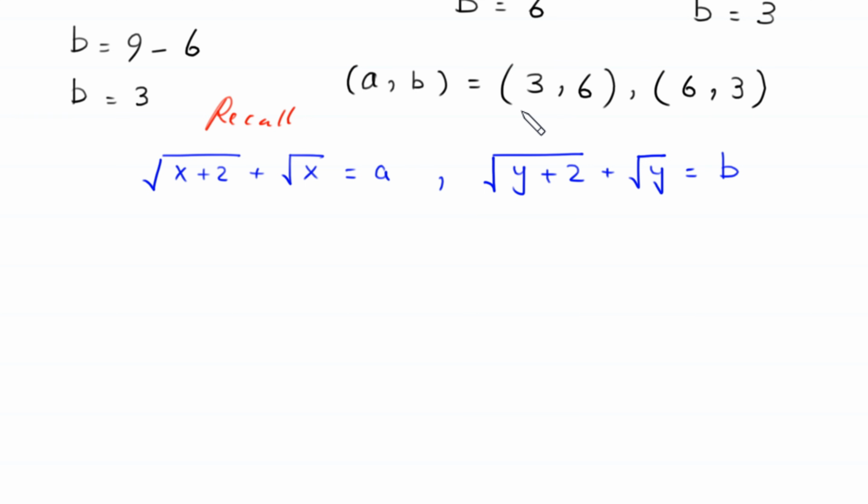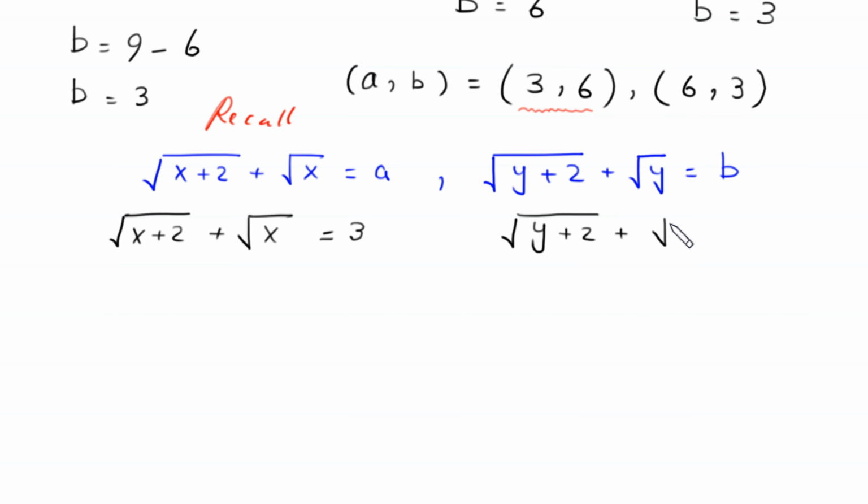First we solve this case when a is 3 and b is 6. So this will become root x plus 2 plus root x is equal to 3, and this will become root y plus 2 plus root y is equal to, b is 6, so this will become 6.